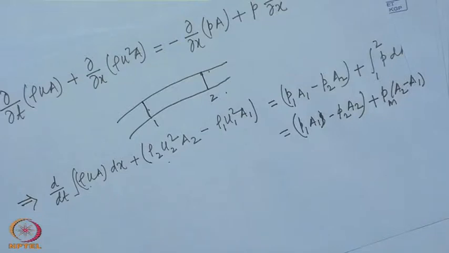If the flow is steady, then the first term vanishes, and also if the duct is of constant area.